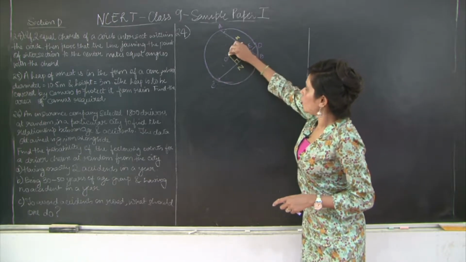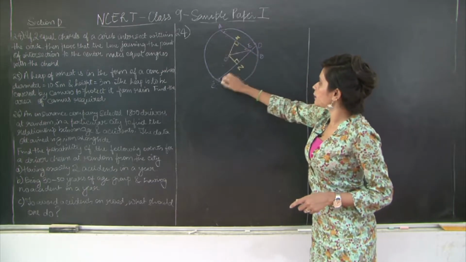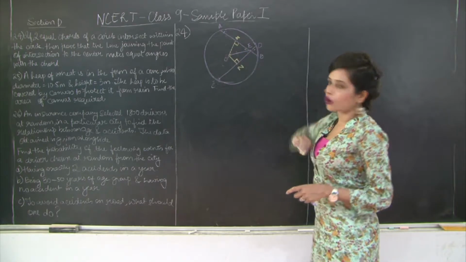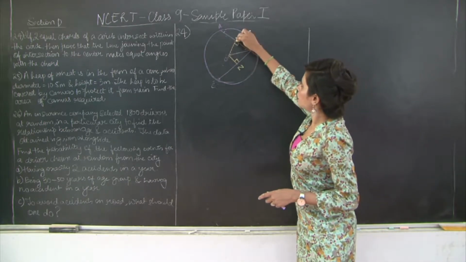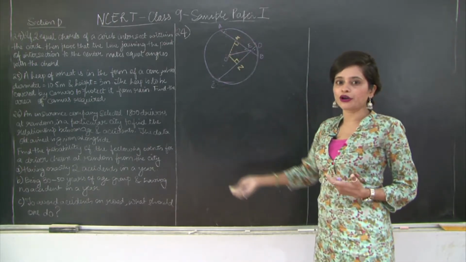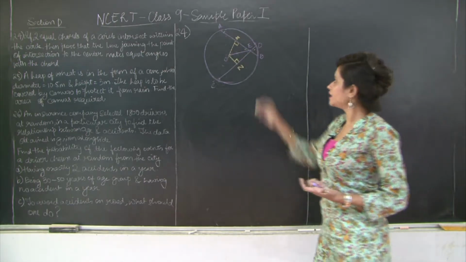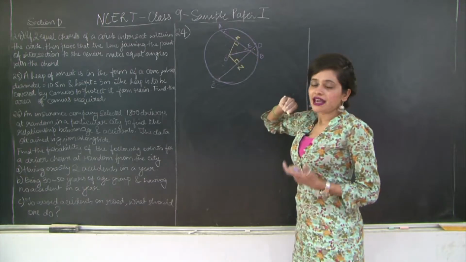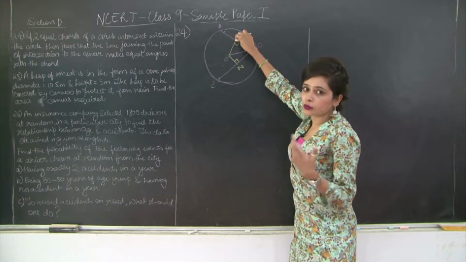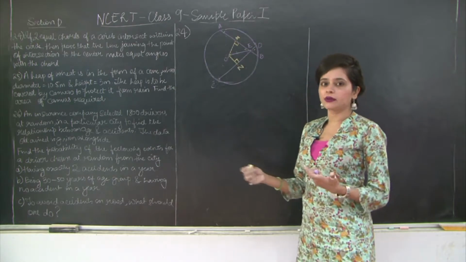Since ON is drawn from the center of the circle perpendicular to the chord, N becomes the midpoint of this chord. And since OM is drawn perpendicular to this chord from the center of the circle, M becomes the midpoint of this chord. So what do we get? That these two are the midpoints, and midpoints of equal chords are equidistant from the center.